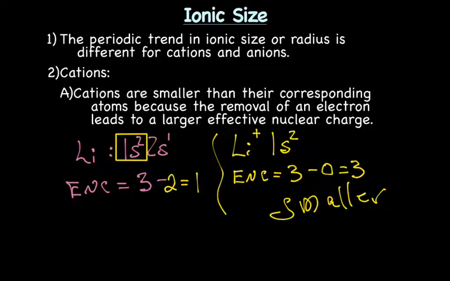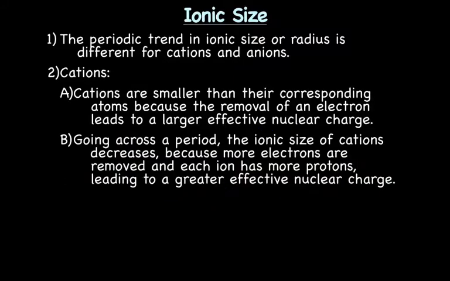Okay, so now what is the trend going across a period? Going across a period, the ionic size of cations decreases because you're losing more electrons, but at the same time, there are more and more protons, right? Lithium has 3 electrons and 3 protons.